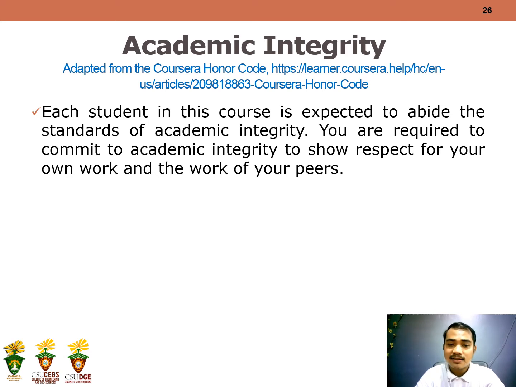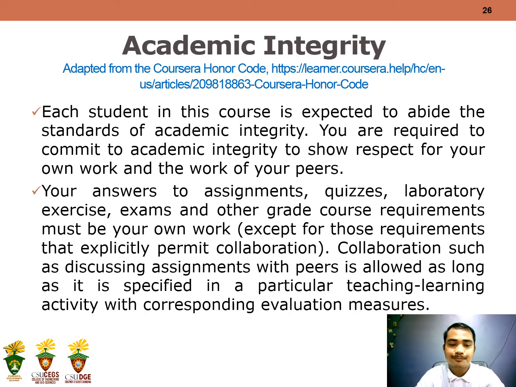You cannot just rely on your classmates, copying their output, or having your output copied by others. So we must have integrity and respect for academic performance, especially toward your peers, and of course your own work.